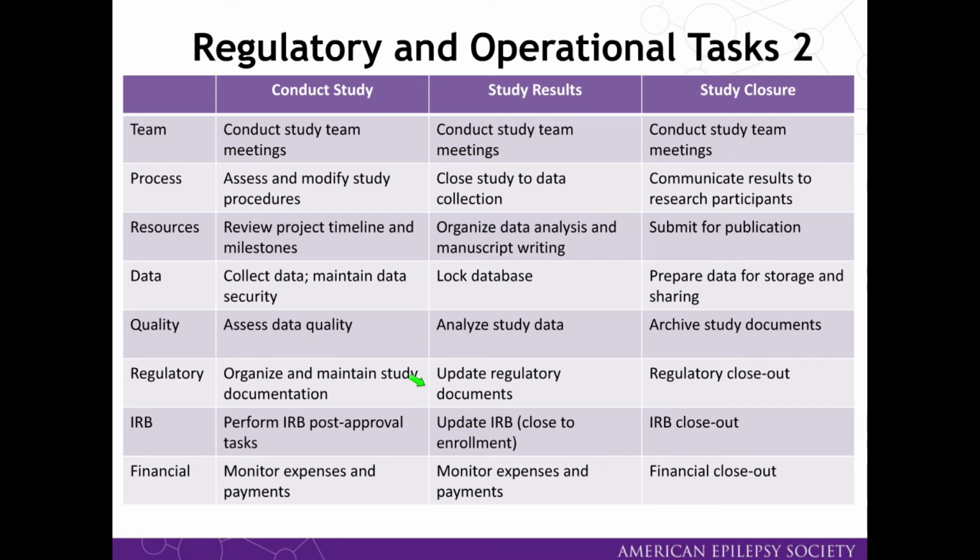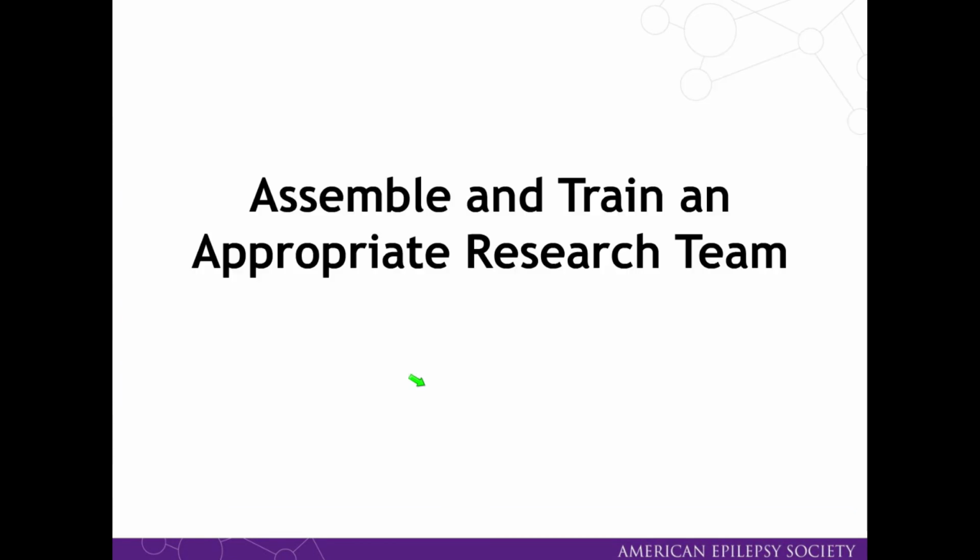And then study closure is basically just going through and finalizing all of your information from a regulatory and IRB and financial closeout point of view. So we'll talk in more detail about some of these tasks, which it would be helpful to have more details. So the first step is to assemble and train an appropriate research team.